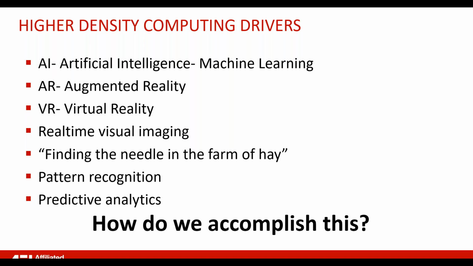Many organizations are looking to mine data to more efficiently deliver packages to people, or looking at images of products sitting on a shelf to better understand buying trends, this finding-the-needle-in-the-haystack idea of really deep data mining. And then obviously pattern recognition and predictive analytics are additional items really driving this computing density, the ability to process data much faster, and to process much more data than we've ever had to process in the past. So how do we accomplish this?